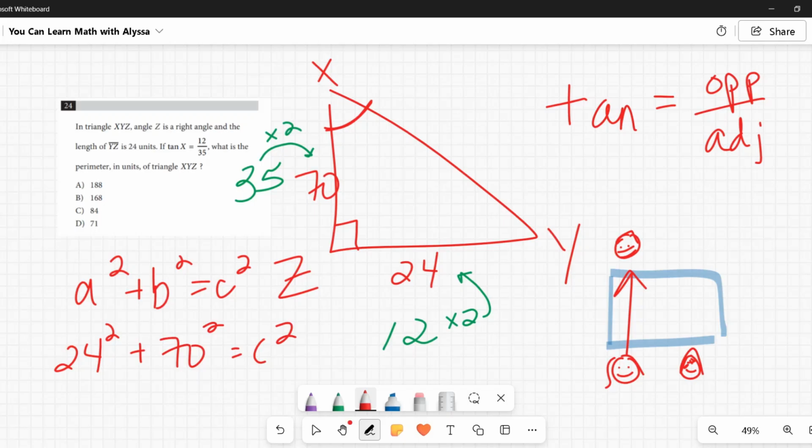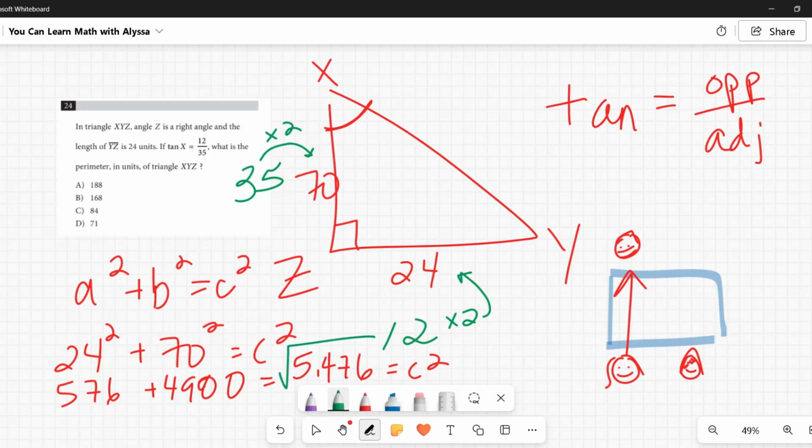When we add those two together, we're going to get 576 plus 4,900, to get 5,476 for our c squared. Then we can take the square root of that to solve for c, and we find that c is 74.